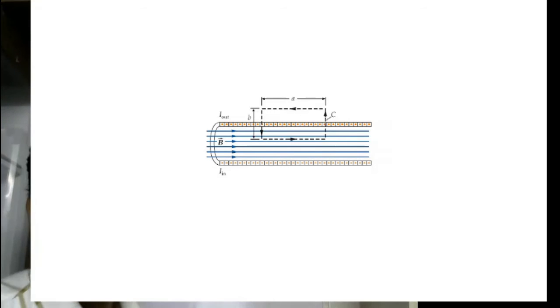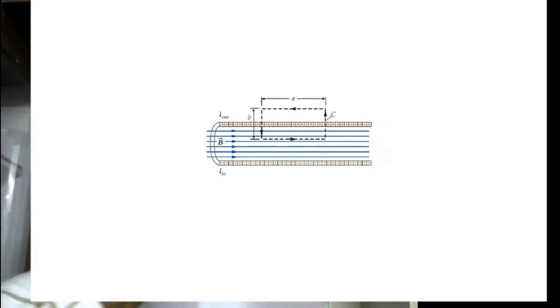You can see the field lines in the slide. This is I out, I in. Current is going inside, this current is going outside. On the top, I out, at the bottom, I in. In this case, you have the direction of field lines from left to right.